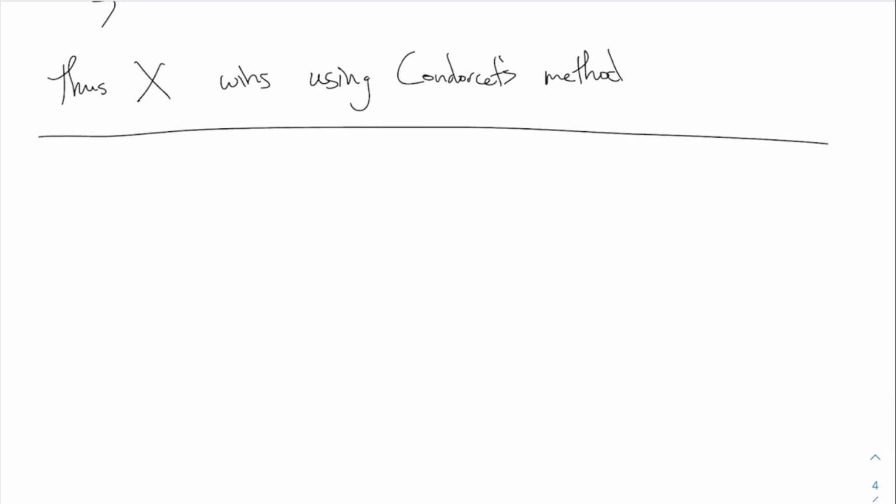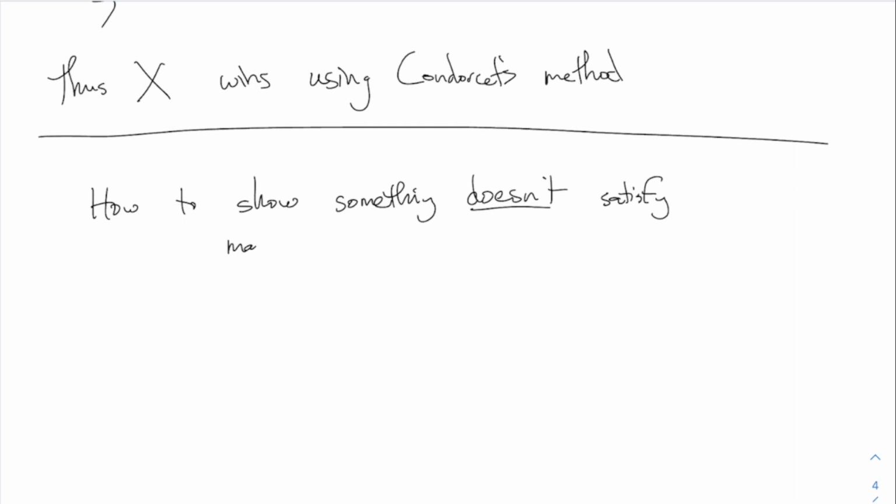So can we just talk briefly about how to show something doesn't satisfy the majority criterion, which is what we're talking about in this case, although we're going to talk about several other criteria as we go.